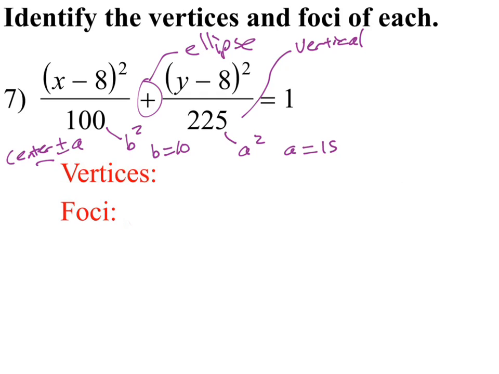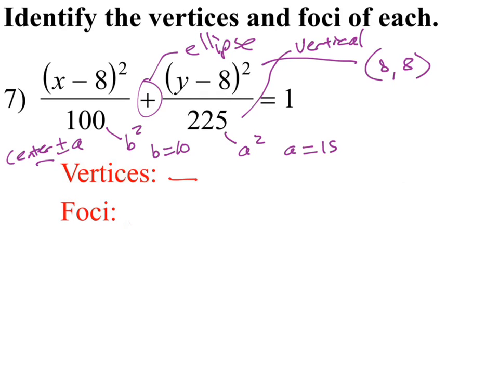So let's go ahead and get the center based on these top numbers here. It's x minus h and y minus k. So your center is going to be at 8, 8. And now that we have that, we can take the y coordinate and add and subtract 15 to get the vertex. So let me switch colors so you can kind of see it.